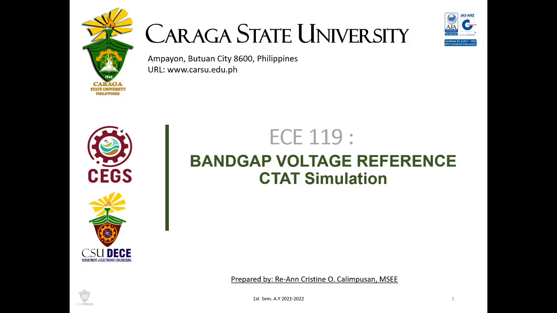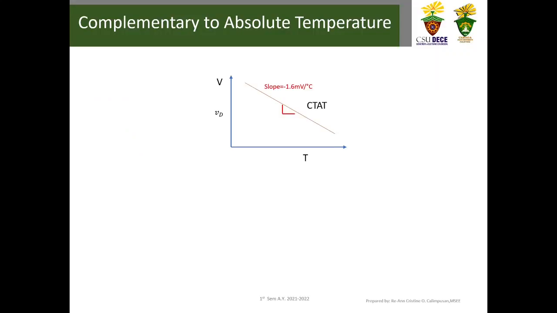So hello everyone. Our discussion today is about the CTAT simulation, and I'll show you that through the HSPICE simulation. As we have discussed in the previous discussion, we can get the CTAT characteristic by having a fixed current source connected to the diode.